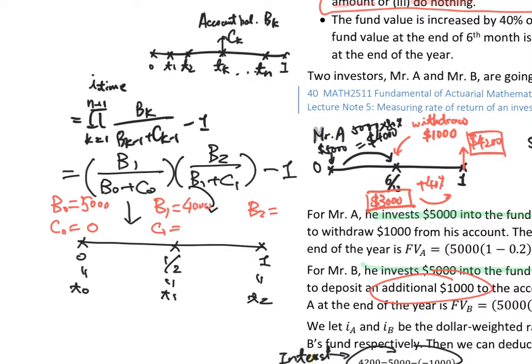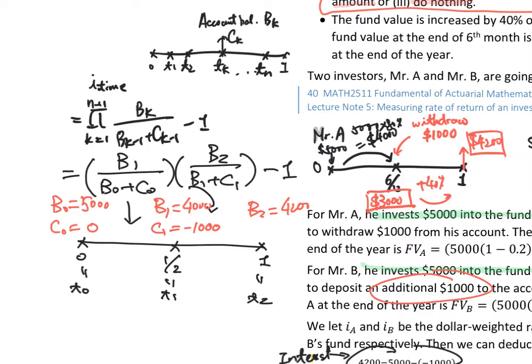At that time you do the withdrawal of 1,000. Remember when you do a withdrawal, that is treated as the negative of your deposit. At time 1, which is the end of your investment period, B2 will be 4,200.